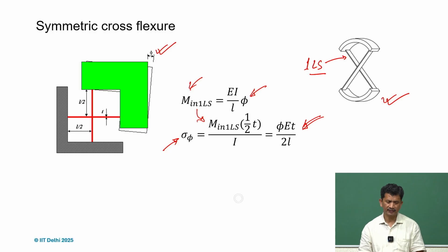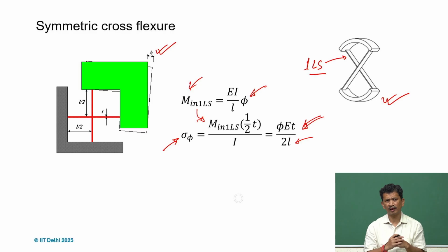So what we realize is that if t is high, so if it's a thicker cross section, the stresses will be very high for the given deflection. Similarly, L is in the denominator, so if L is large, the stress value will be reduced.